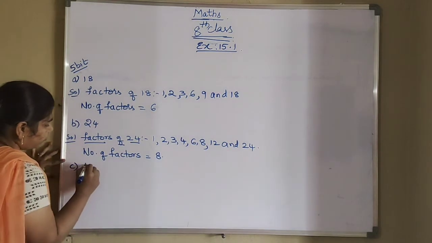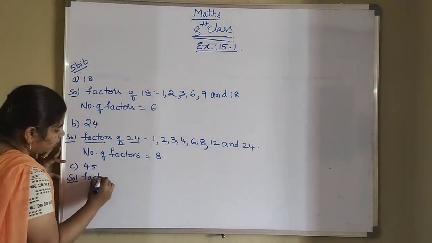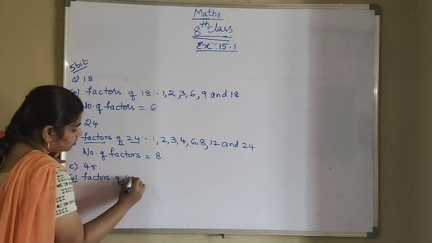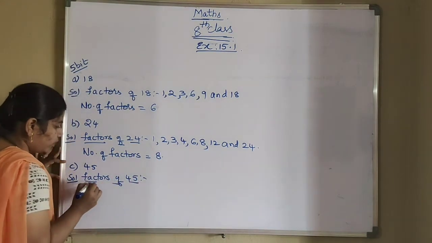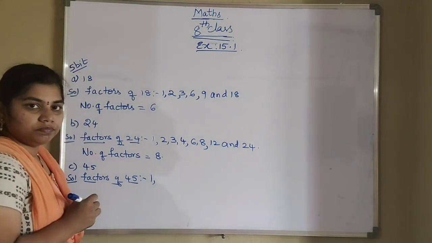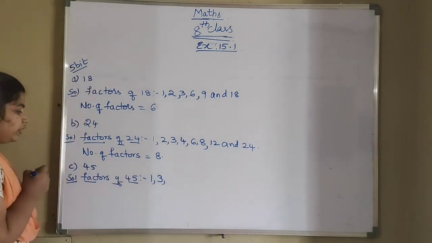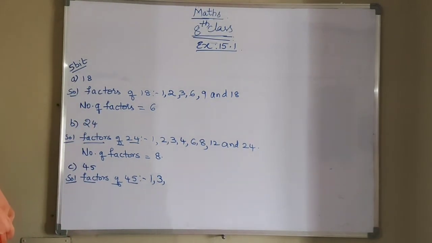45. So in which tables will 45 go? We have to find how many factors there are. So factors of 45. In one table it will go. In the 3 table, 3 15s are 45.